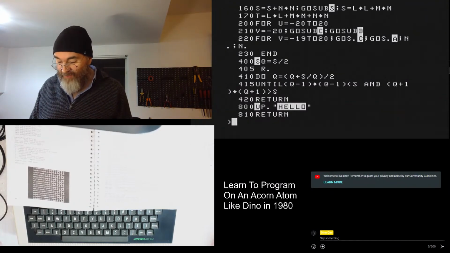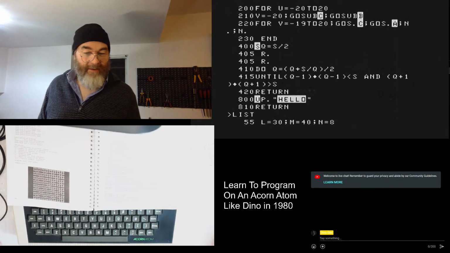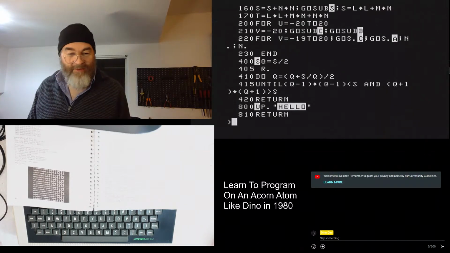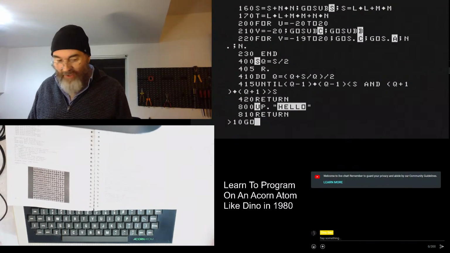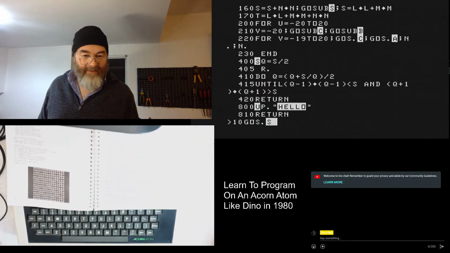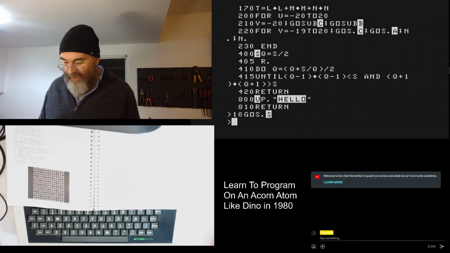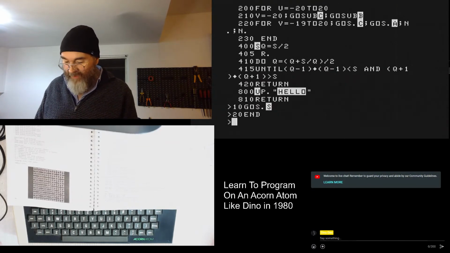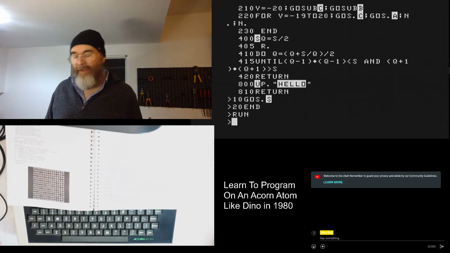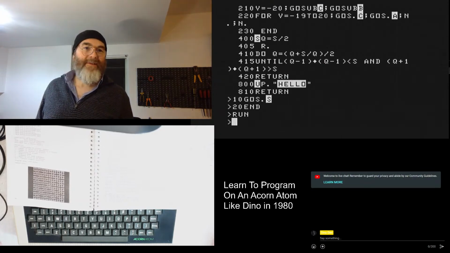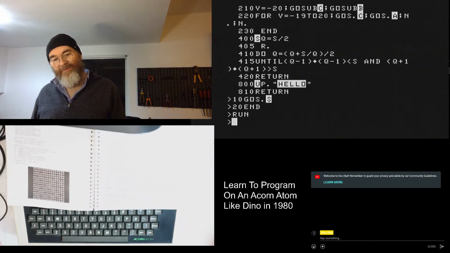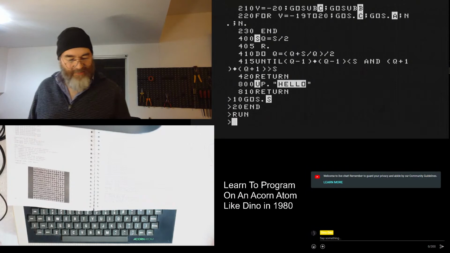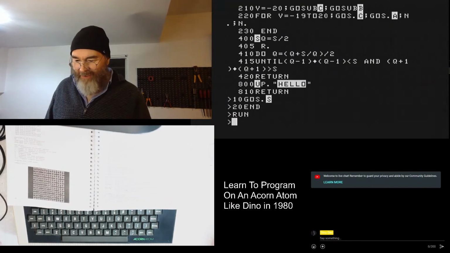I think the test for this would be: I don't have anything before line 55, so if I do line 10 go sub s, and line 20 end, and run this, okay, I understand now. I can't run subroutines from direct mode.